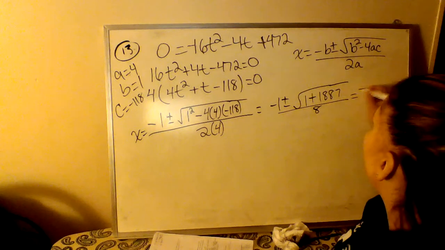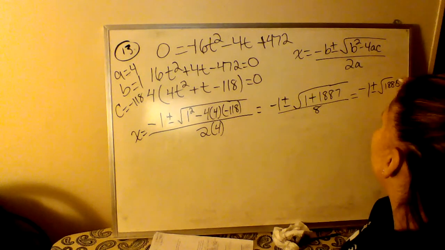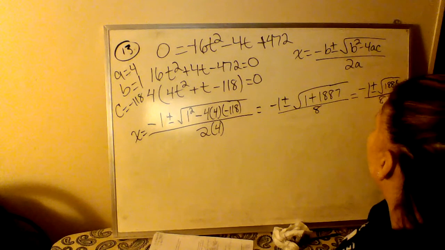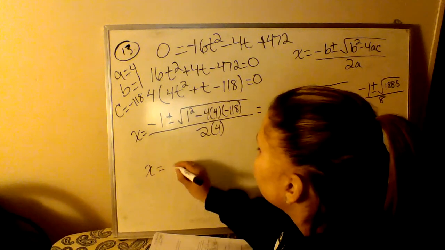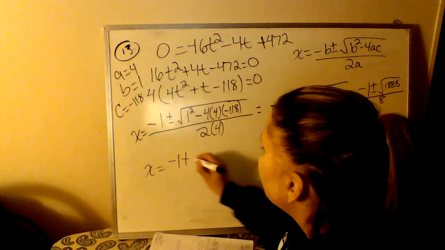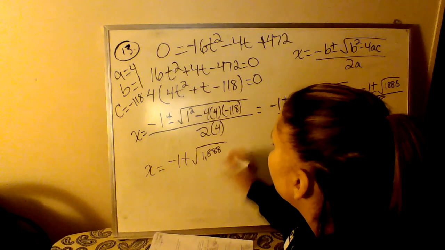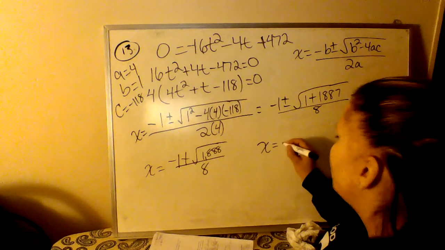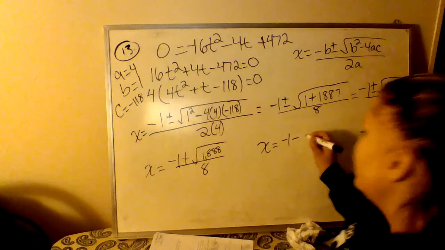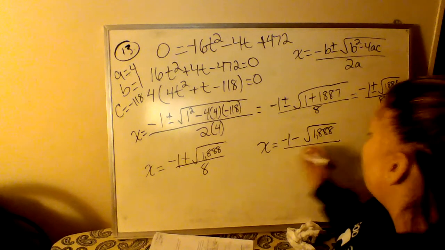Then you end up with negative 1 plus minus the square root of 1888 all over 8. You can enter this in, but remember you have to separate them. So you have x equals negative 1 plus the square root of 1888 over 8, and then x equals negative 1 minus the square root of 1888 divided by 8.